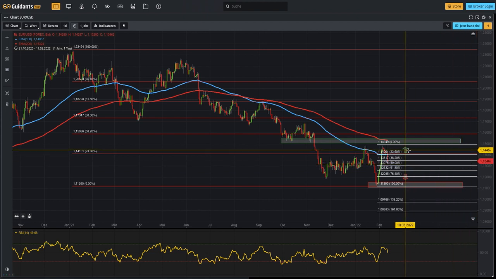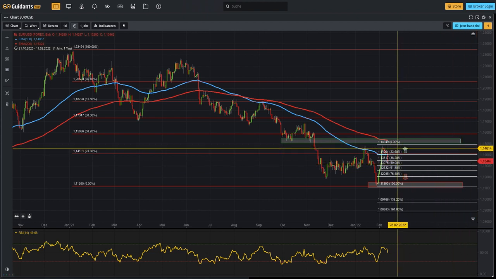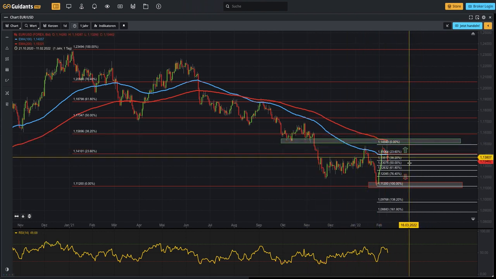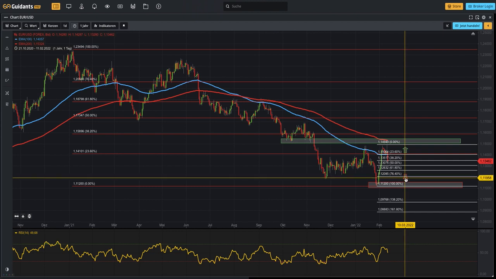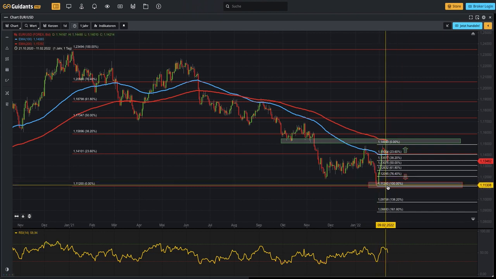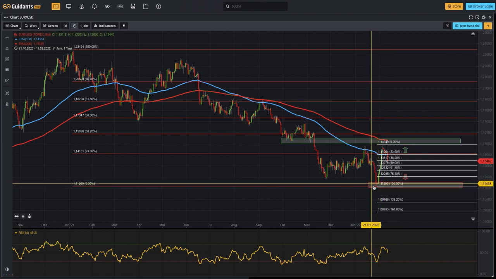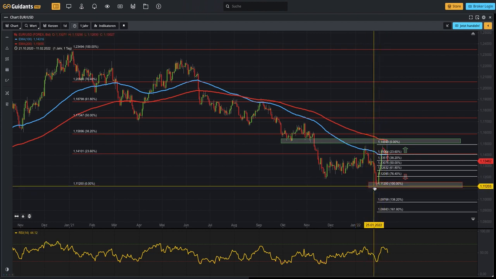So you see that a green arrow still shows that neckline as a possible target to the upside for the bulls, and that red one still at the target of 111.20 for the bears, just retesting that level of the long-term low we saw in the last 2 years.